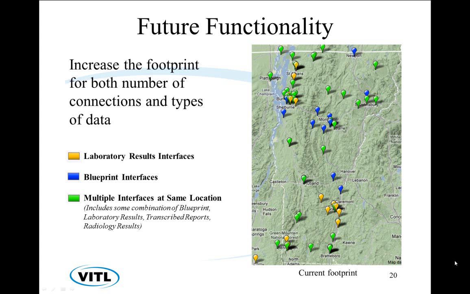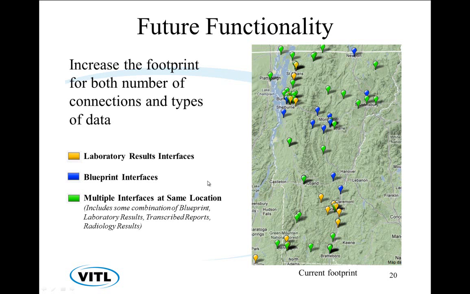This current footprint again was in September. So I know that we have more connections since then, but you can kind of see the distribution of lab results with Blueprint, and the really amazing thing is the green little markers. That means that we have multiple interfaces at the same location.